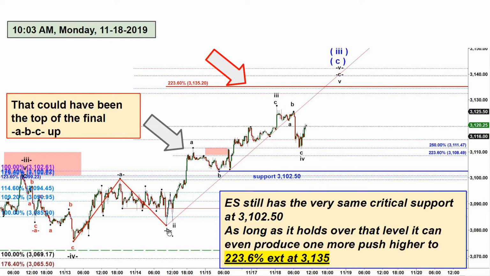Inside that subwave C up, we try to count 5 microwaves: 1 up, 2 down, A of 3, B of 3, C of 3, 4, and from here we were supposed to get one more push higher, to another higher high in microwave 5 up, as long as that support holds.